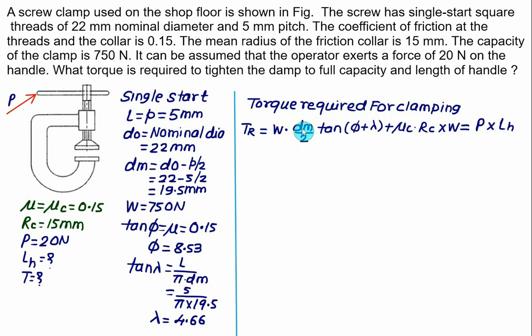So we know the value of W equal to 750, dm is known, and phi and lambda are also known. Mu c and mu are the same value. Rc is also known to us.